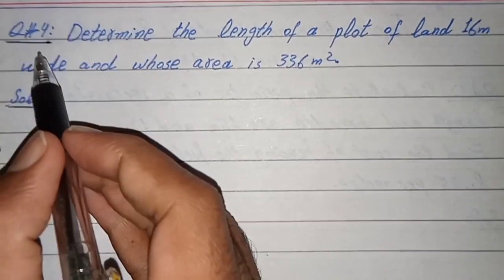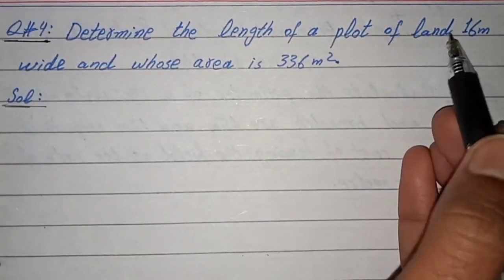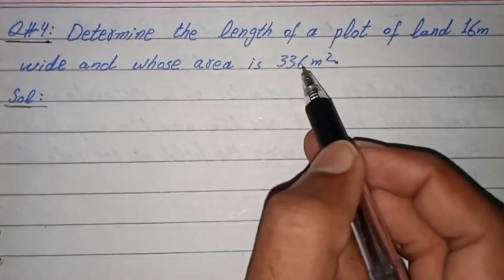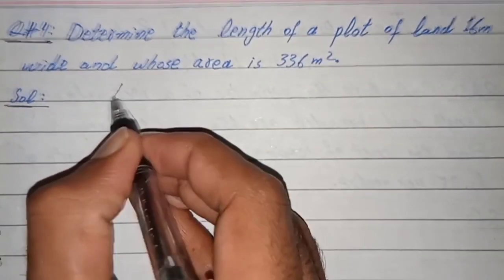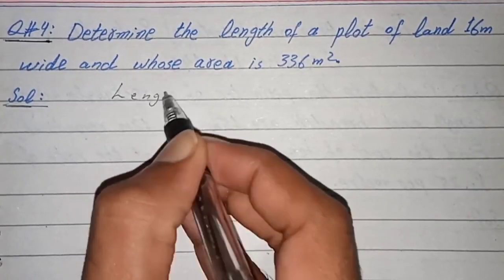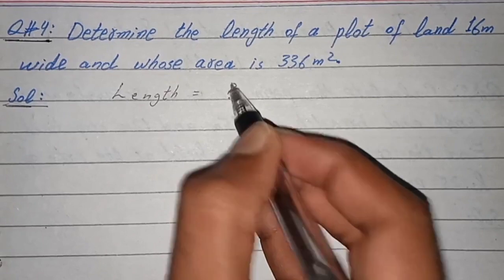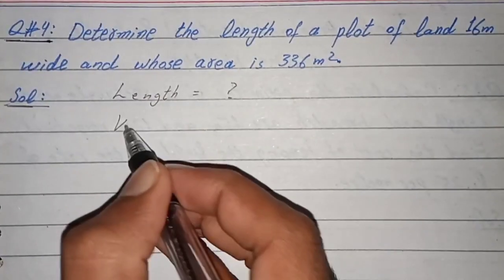Now question number 4 is written as: determine the length of a plot of land 16 meter wide and whose area is 336 meter square. First of all, length is equal to question mark, meaning we have to find the length, and wide means width.